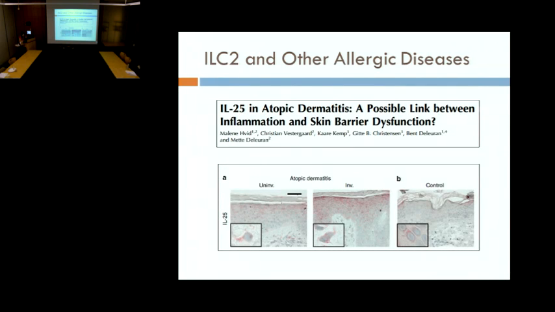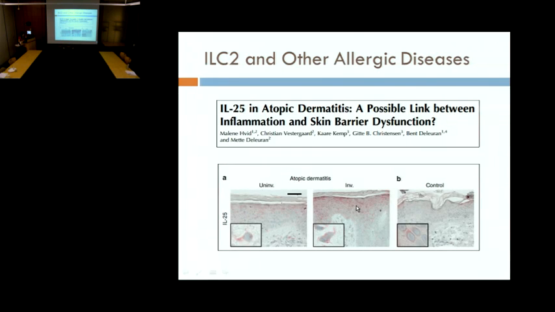Again, atopic dermatitis operates through a Th2 response and has increased levels of Th2-associated cytokines and IgE. This study came out in 2011, and researchers looked at skin biopsies from involved skin and uninvolved skin of patients, comparing the same patients, with people with atopic dermatitis against controls.